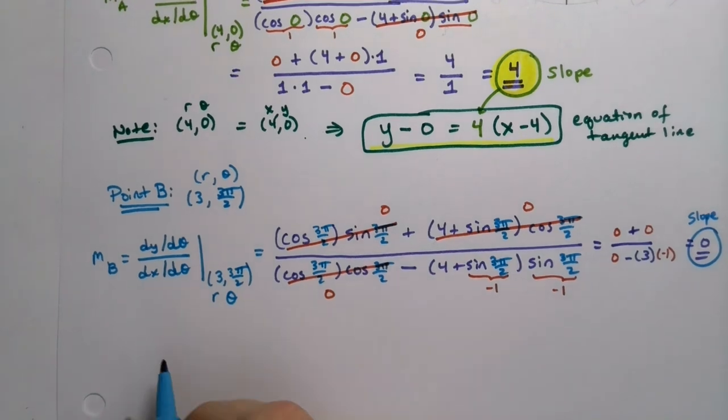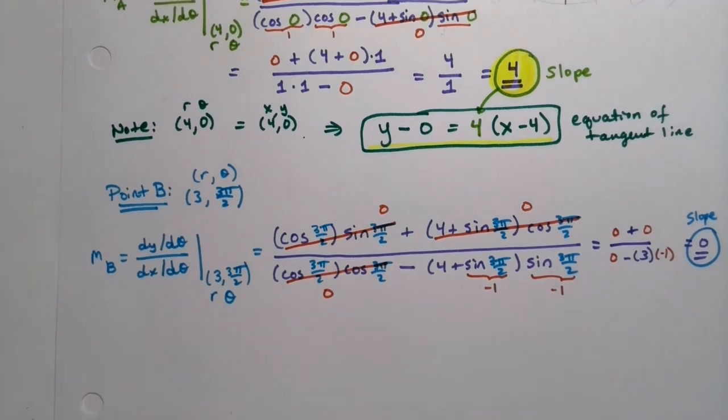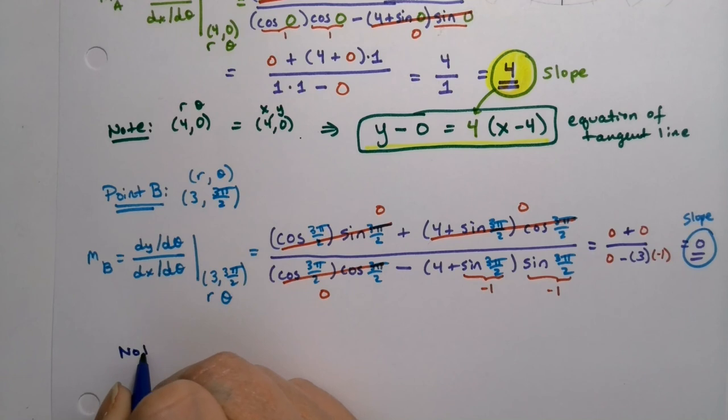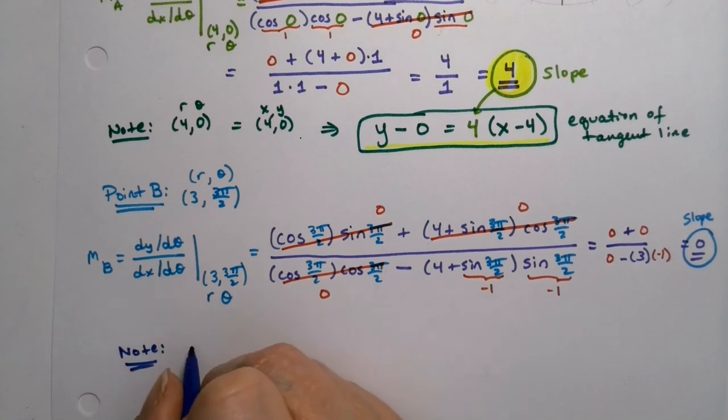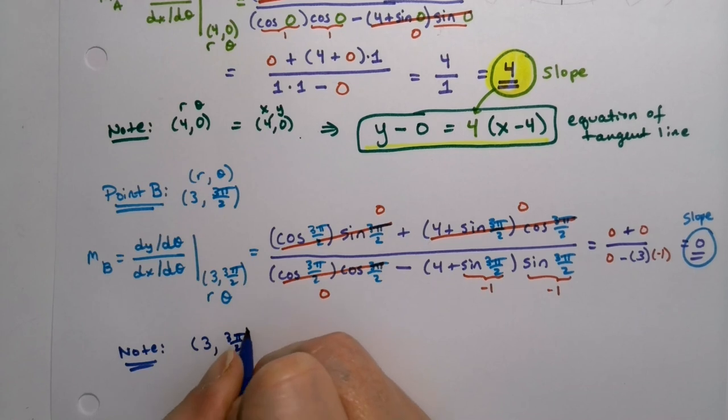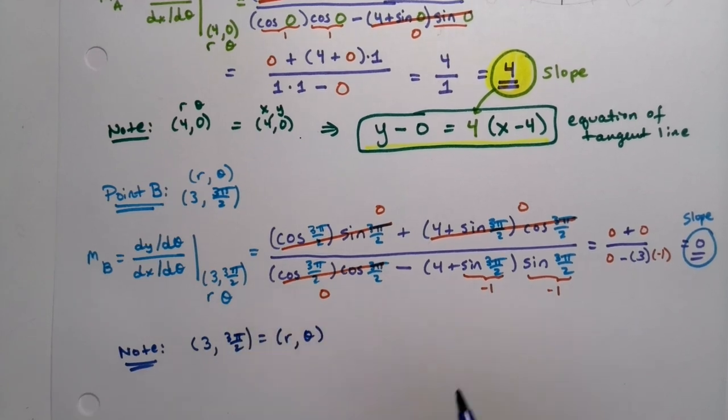Since it's horizontal, the equation actually should be pretty easy. The one issue is that we don't have a point in rectangular coordinates. So we want to make a note. The point was 3 comma 3 pi over 2. That was equal to an r and a theta.